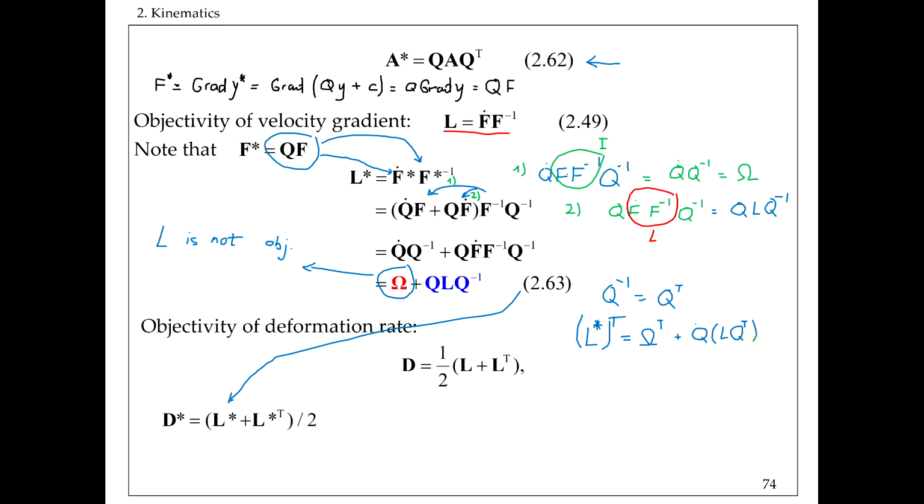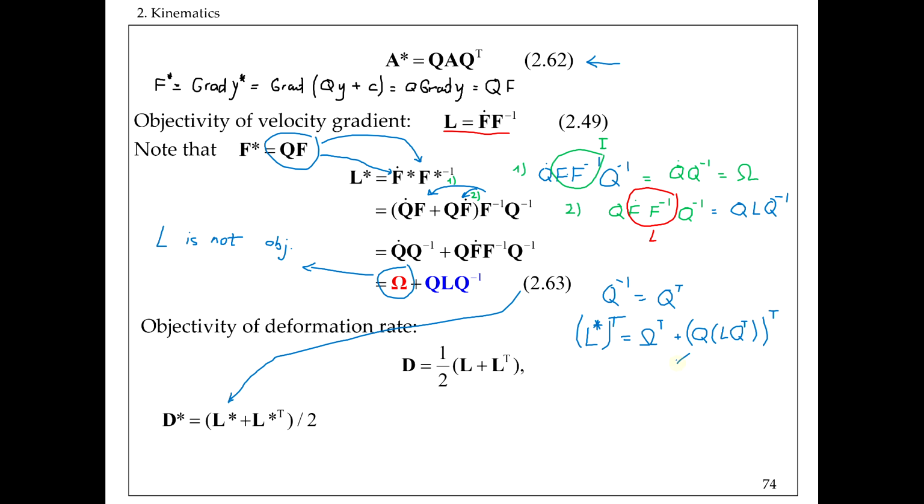Now we need to transpose the whole thing here. I deliberately added these two parentheses because I treat L Q transpose as another second order tensor, just to follow this transposition rule, because L multiplying Q transpose is still a second order tensor. So now this second order tensor in parentheses is also a second order tensor, so transposition is quite straightforward.